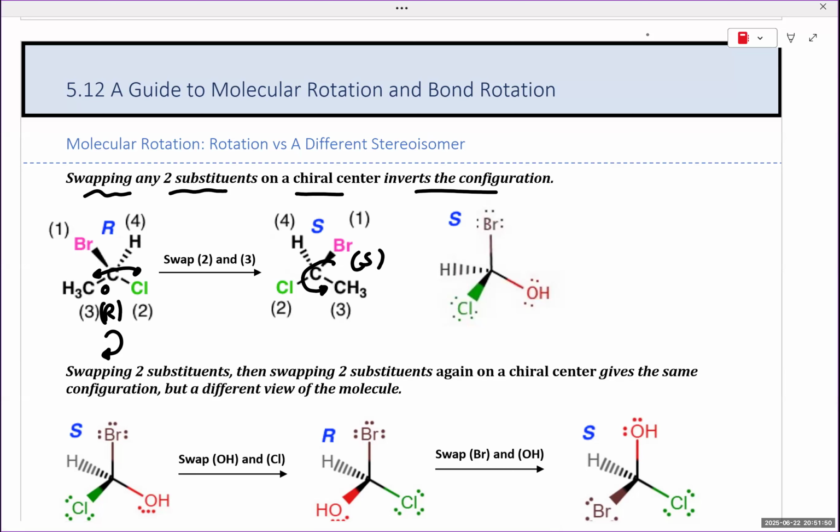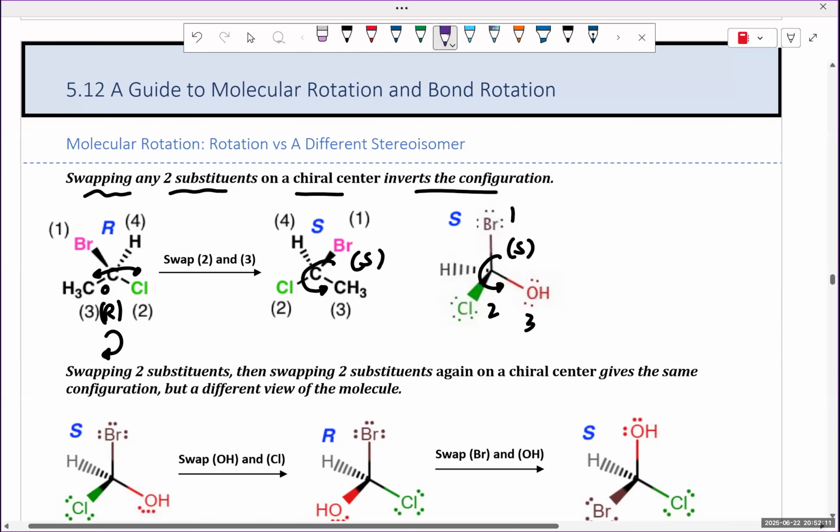Let's prove this with another structure. So here, this molecule has an S configuration. Just real quick as the proof for that, tracing from highest to lowest priority, this is counterclockwise, clearly S. Let's now swap two groups. You can pick any two groups to swap, and let's show that we've inverted the configuration.